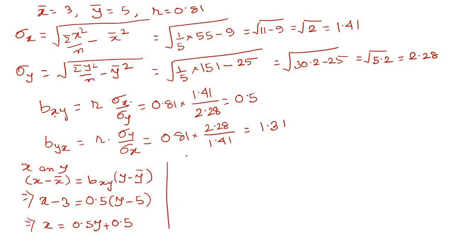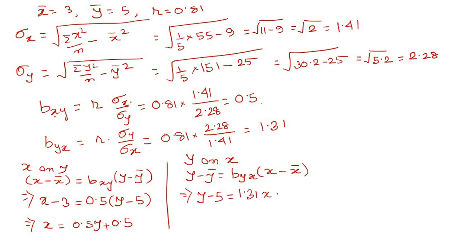Now let us get the y on x equation. Y on x is y minus y bar equal to byx into x minus x bar. Everything is now in front of you. So y minus 5 equal to byx, which is 1.31, into x minus x bar, which is 3.